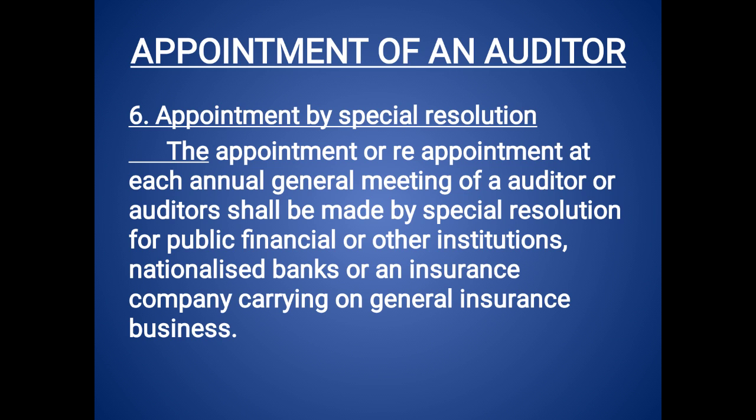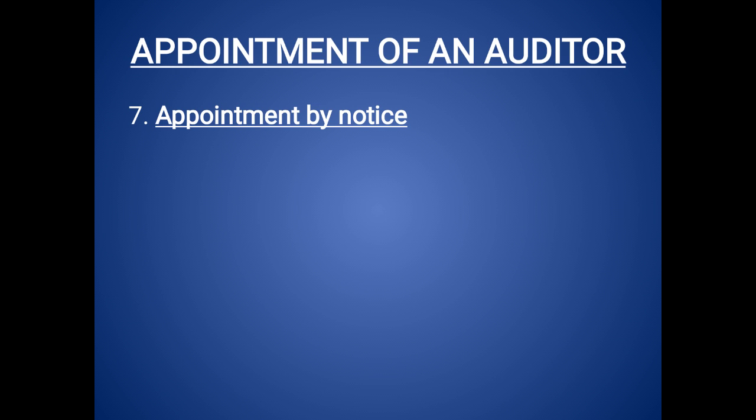Then appointment by notice. Before appointing the auditor, the company should issue an appointment notice to the auditor, saying that you have been selected as the auditor for the company. Form ADT-1 is required to be submitted to the registrar within 15 days of the meeting in which the auditor is appointed.